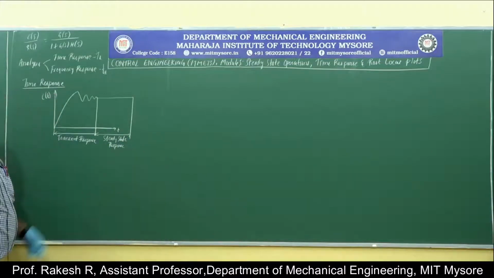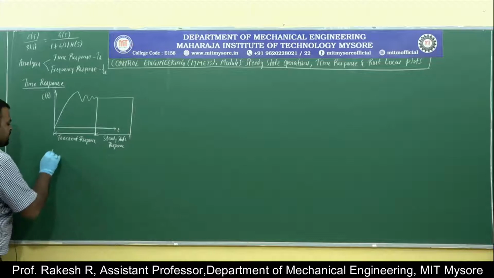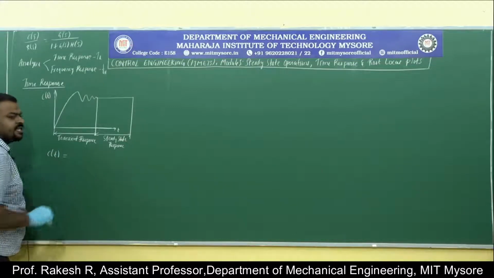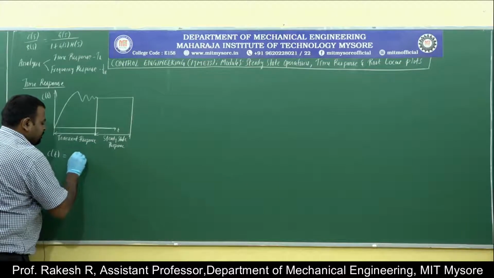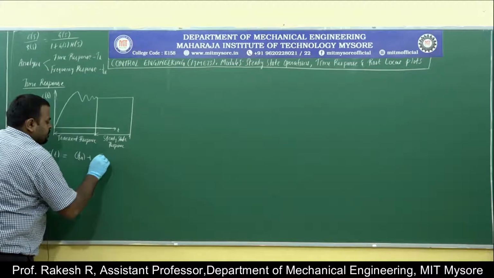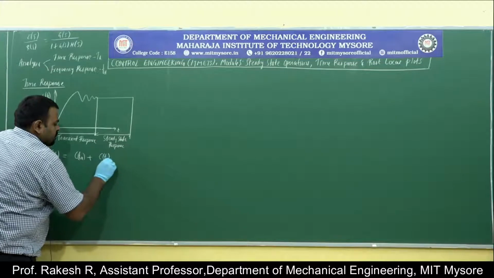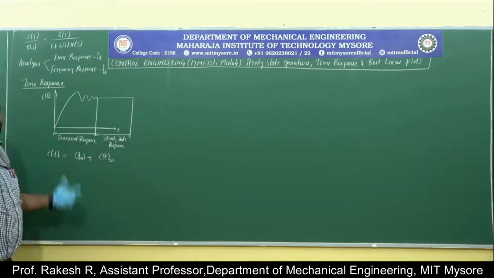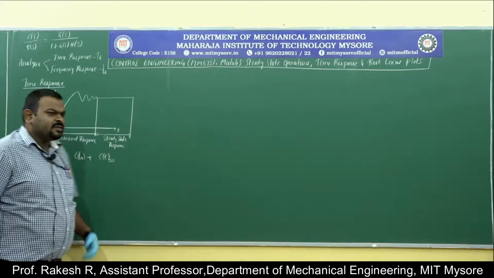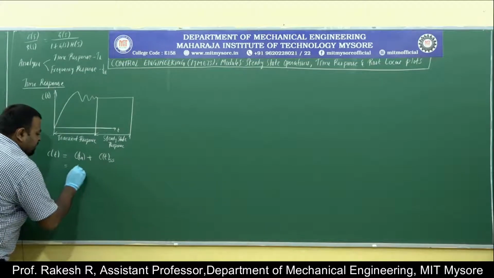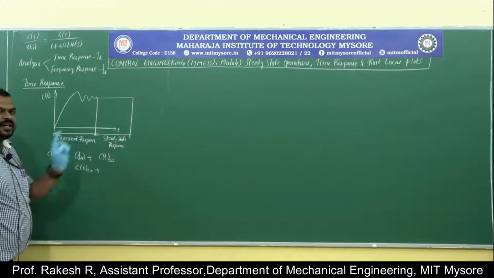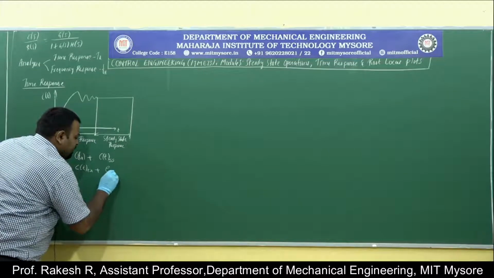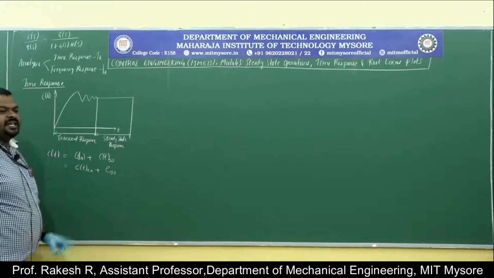When I take the overall response of the system, C of t, it consists of the transient response and the steady state response. This is the expression for the overall response of a system. Sometimes we directly write the transient response in terms of C of t, but the steady state response is represented as steady state error.